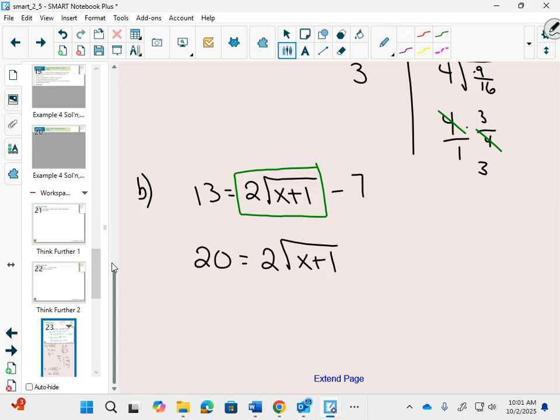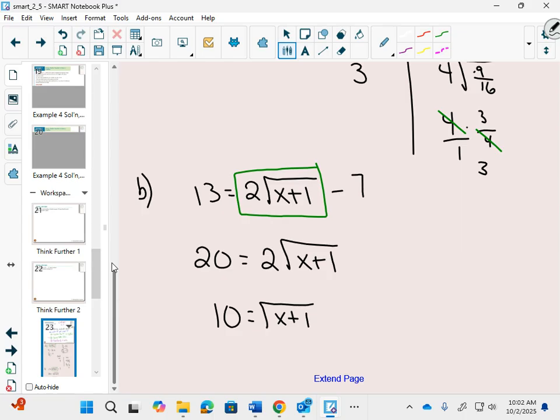Now you have a mixed radical. You could square both sides right now, or you could divide by 2. I think in this situation, dividing by 2 makes a lot of sense just because it makes my numbers smaller. Right? Squaring 20 is not bad. It's 400, but it's like a bigger number.